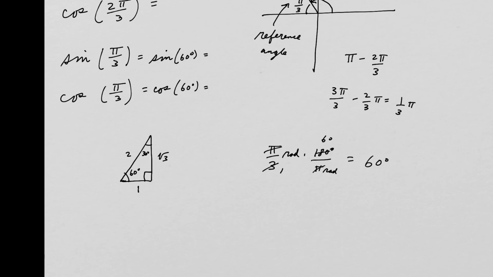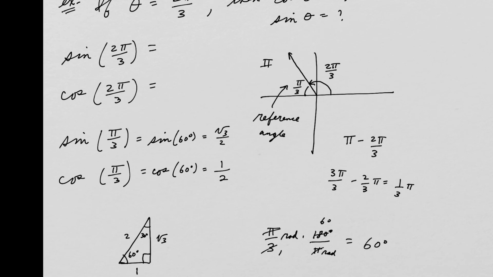So sine of 60 is opposite over hypotenuse. So this would be radical 3 over 2. And the cosine of 60 is adjacent over hypotenuse. So this is the 1 that is adjacent to the 60, divided by 2. Okay, so sine of pi over 3 equals sine of 60, which is radical 3 over 2. Cosine of pi over 3 is equal to cosine of 60, which is 1/2.